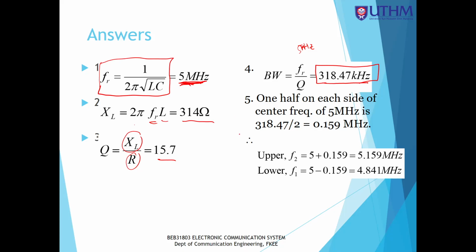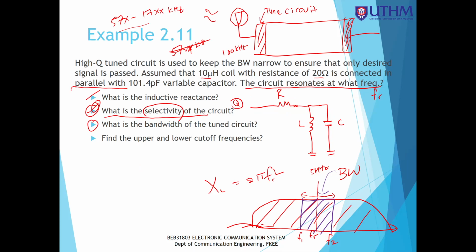The solution is that we divide the bandwidth into two, so that we get a half portion on each side. How much is the half distance over here and over here?